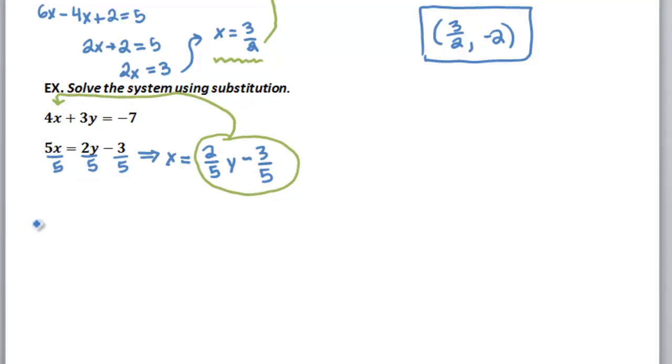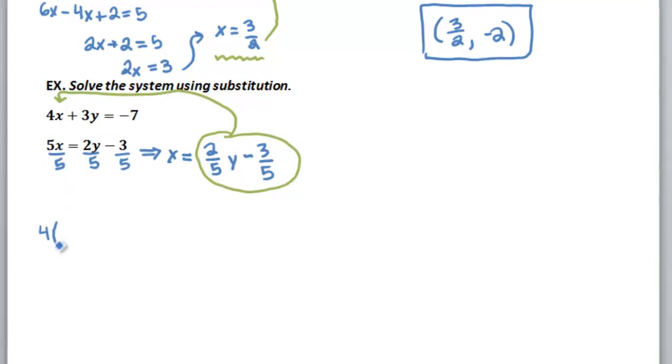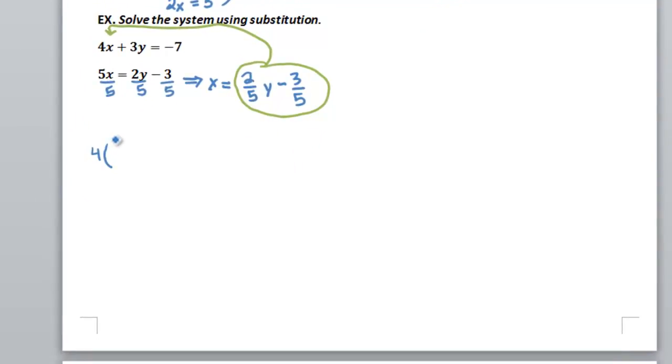That's the magic that lets us write an equation that only has one variable. Be careful to copy each part of the equation correctly. So here's our equation, and we need to now solve it for y.